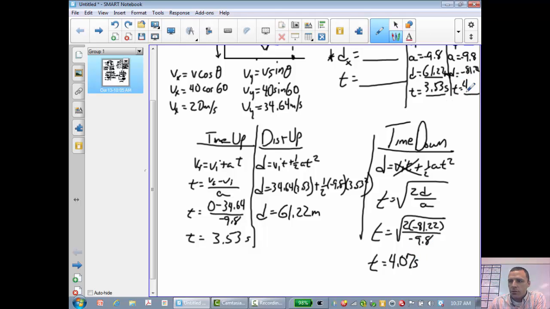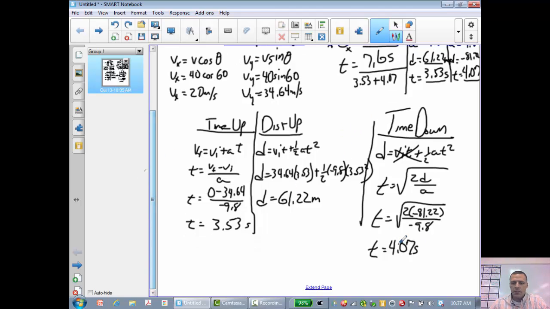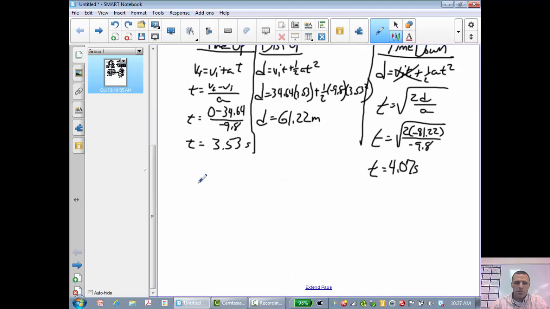That's 4.07, which makes our total time 3.53 plus 4.07. So it comes up to 7.6, I think. Is that right? Just double checking, I think so. 7.6 seconds. And finally, we can find the range if we know the time, just in the x direction.